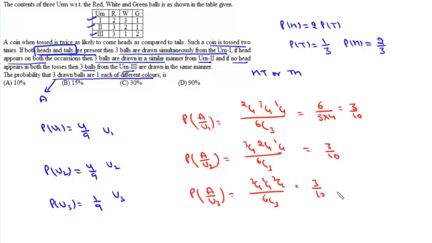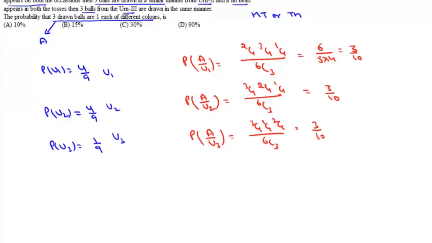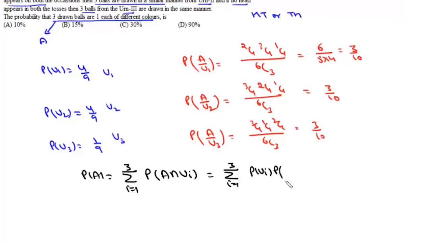Now we need to find the probability of A. Probability of A is the summation of probability of A intersection Ui, where i varies from 1 to 3, which is the probability of Ui into probability of A given Ui.